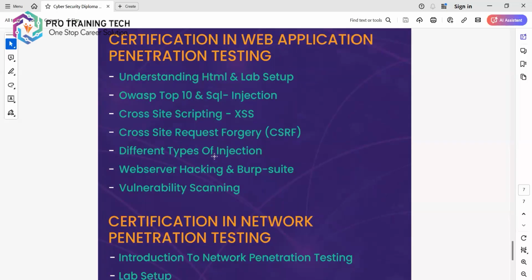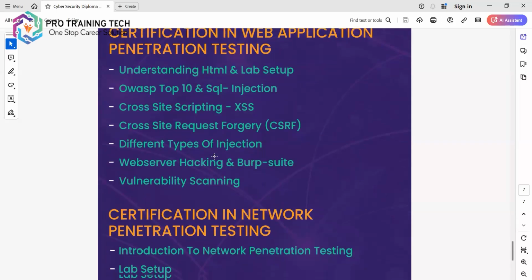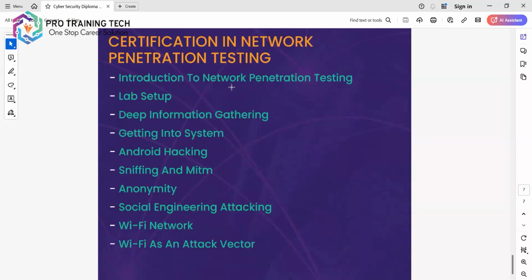Once we learn web application penetration testing, we will learn about network penetration testing as well. The security of an organization or of an application does not mean that you only take precautions from one side.